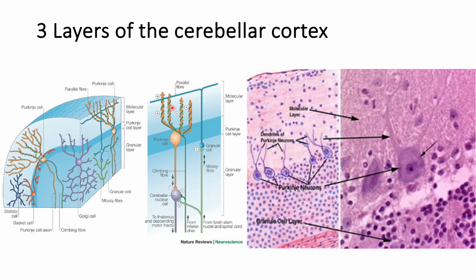So these are the dendrites of the cell body of the Purkinje cell. If you have several Purkinje cells, it's going to make this place darker, and that becomes the Purkinje cell layer. And then here you have the granular layer, which is made up of mostly fibers.